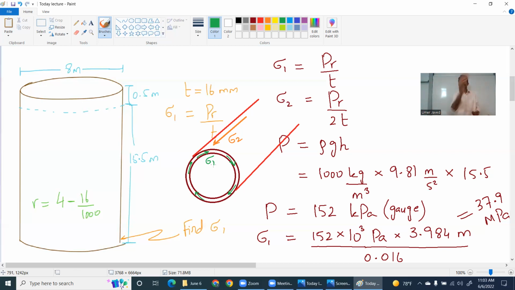It's not just PR over T and PR over 2T, it doesn't end there. It has a weld over it, for when I am trying to weld the container. Open the thin pressure vessel practice problems in the O2 class and go through those problems. Did I answer your question?